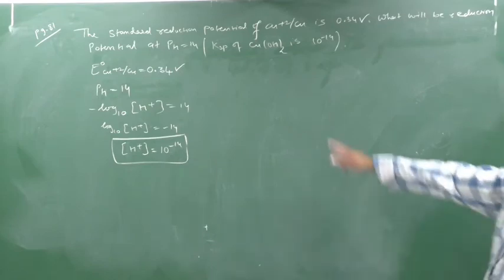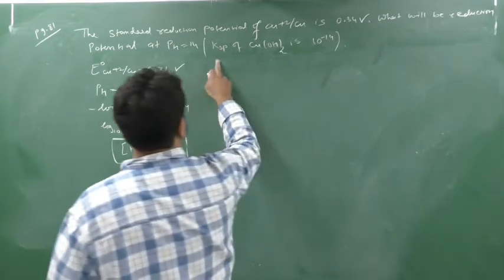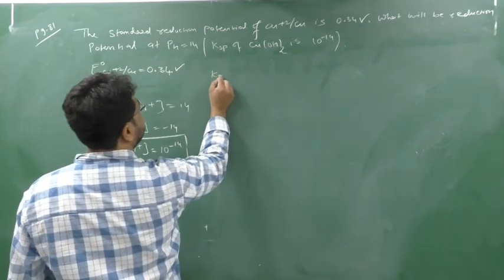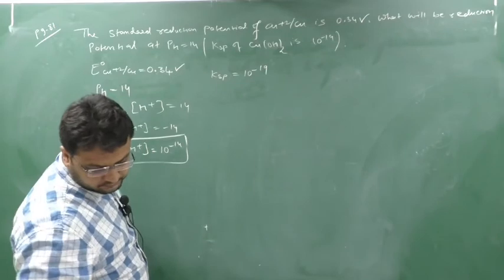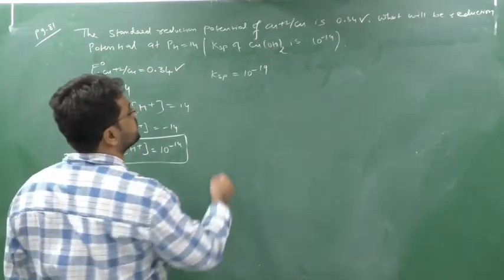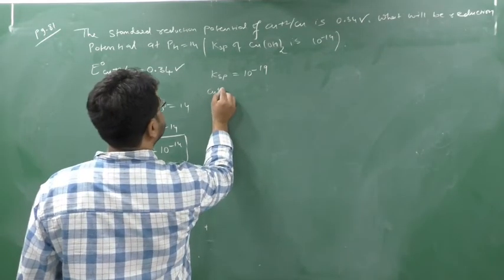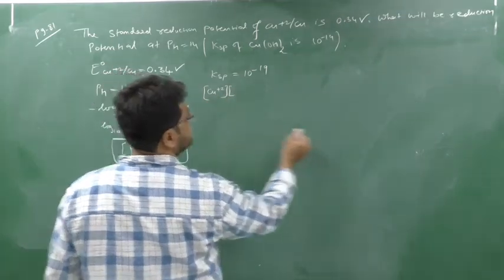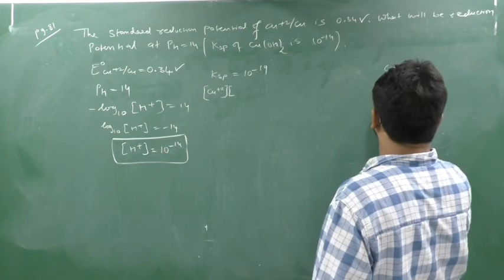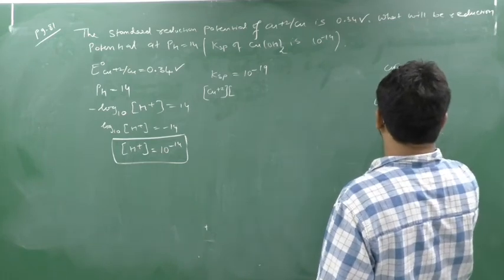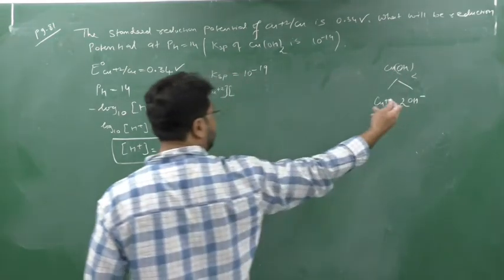Chalo. Now they have given certain Ksp. So Ksp means the solubility product. How much have they given? 10 to the power minus 19. So Ksp means Cu plus 2 and OH minus. Cu(OH)2 means Cu plus 2 and OH minus, so I have to put 2 here also, to balance the charge.